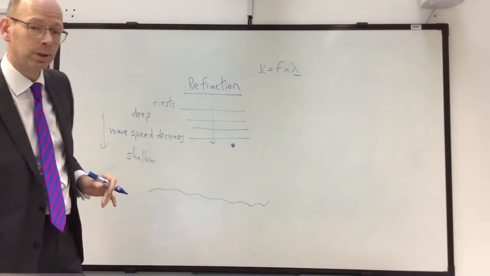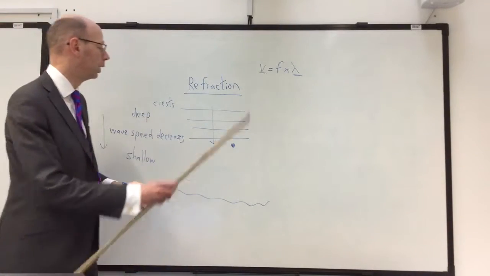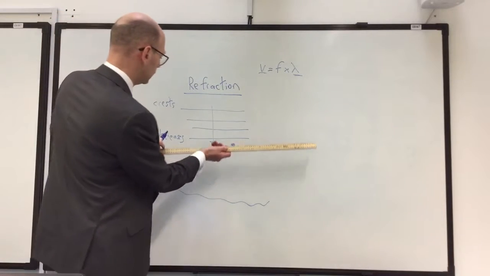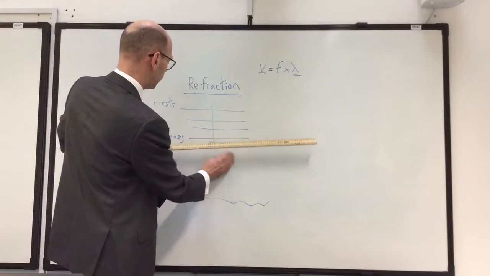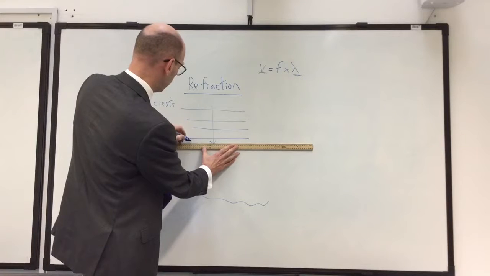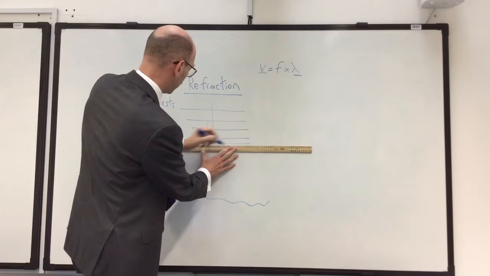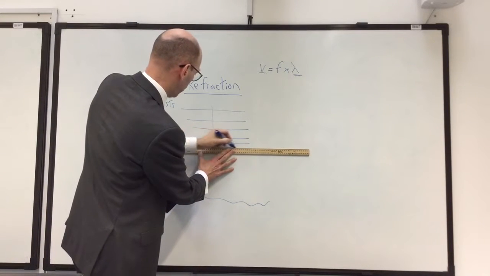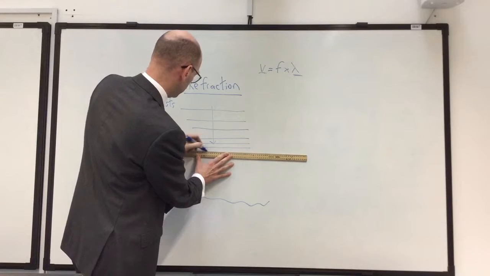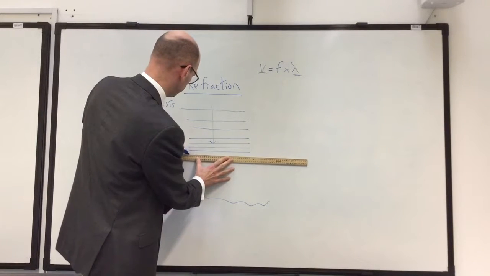So actually what happens to the waves as they get close to the shore is that they start to bunch up. So I'm going to move him out of the way for the moment. We need to show these waves getting closer together. Okay, the wavelength decreases like that.